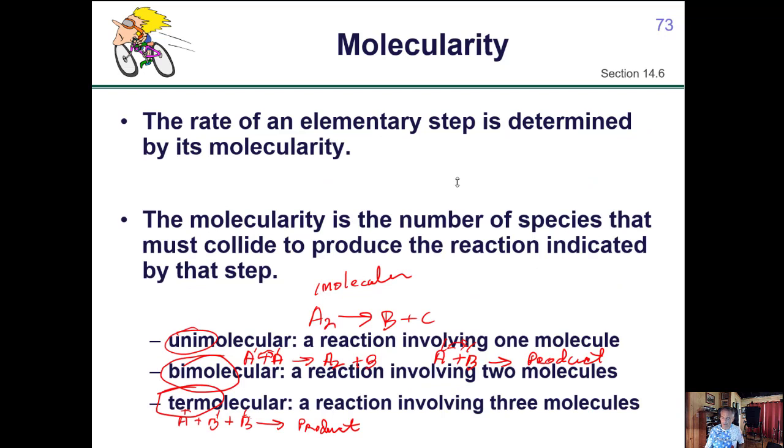I want to take you back to slide 73 where we said that the rate of an elementary step is determined by its molecularity. So even though for overall mechanisms with multiple steps, you can't write the rate law based on the stoichiometry of the reaction, if what we're talking about is an elementary step and it is the slow step, okay?